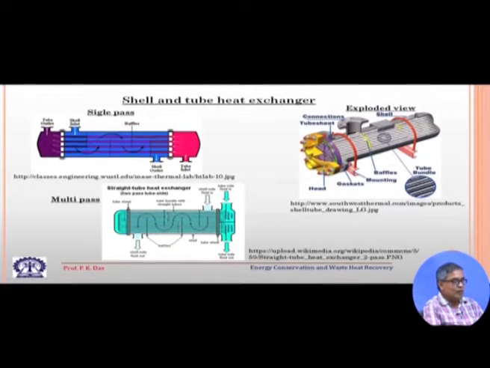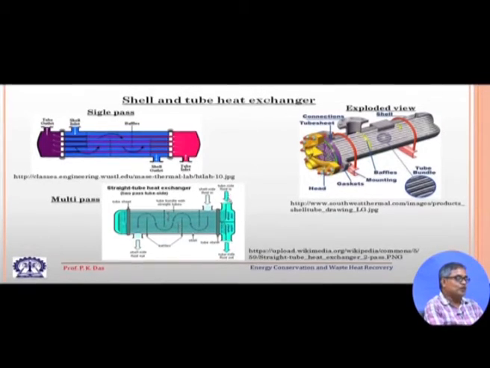Then the tube side fluid will also have more residence time. So, the top one, the shell and tube heat exchanger, can be called a single pass. Shell side there is only one pass, tube side also there is one pass, but below we have got multi pass. More directly speaking, we have got two passes on the tube side.